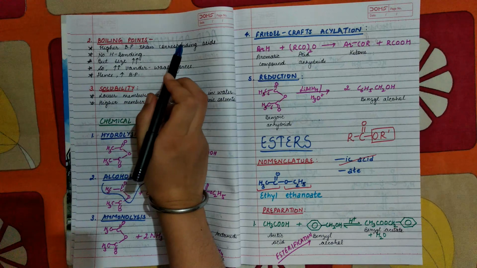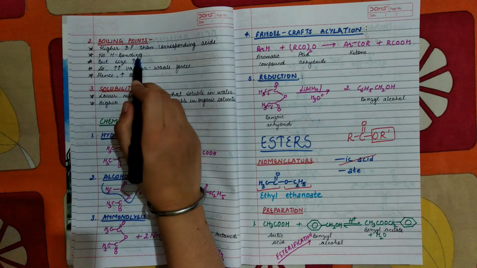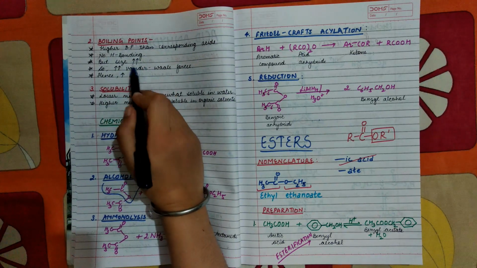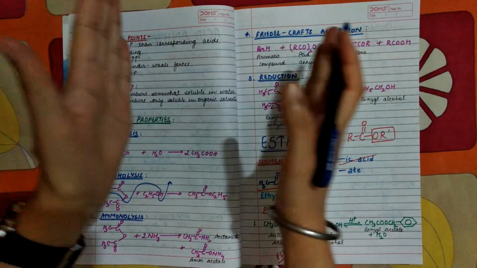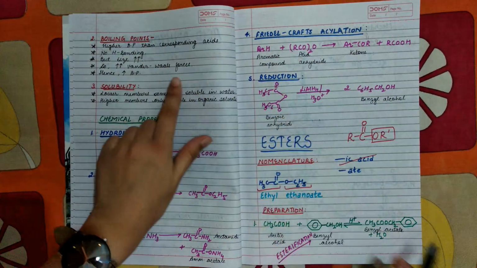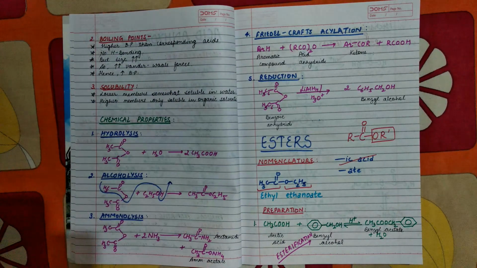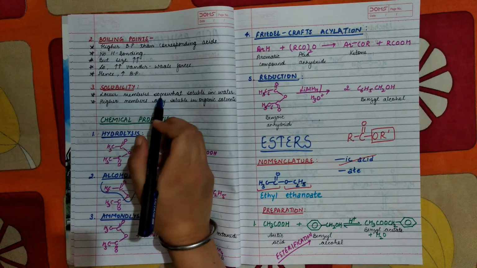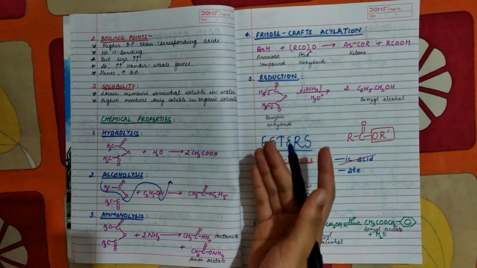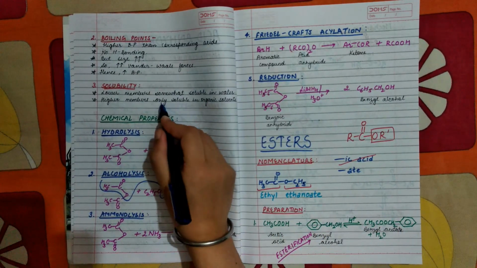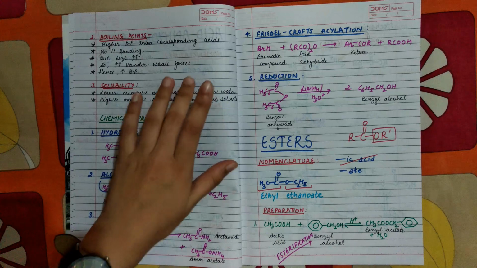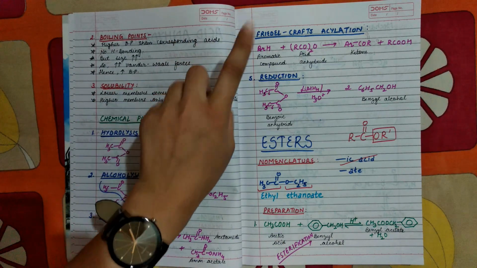This is because there is no hydrogen bonding, but size is very large. So due to this, there are large van der Waals forces between the molecules and hence more boiling point. Then we have solubility. Lower members somewhat are soluble in water, but higher members are only soluble in organic solvents because of the principle of like dissolves like.